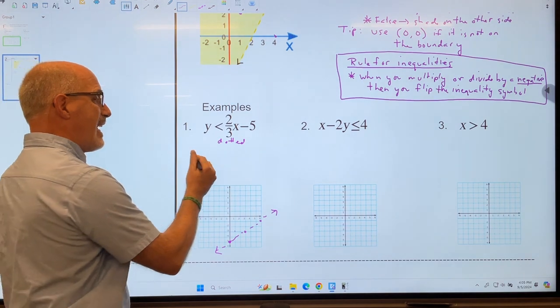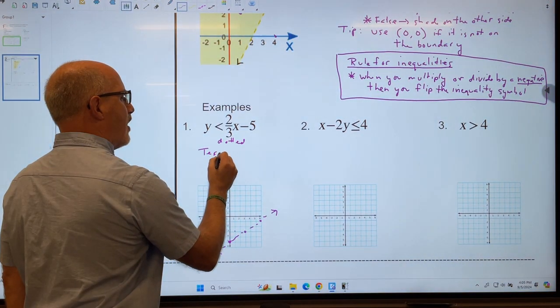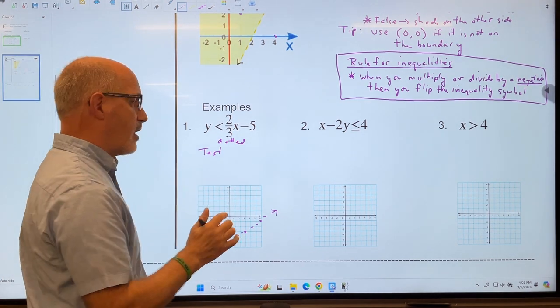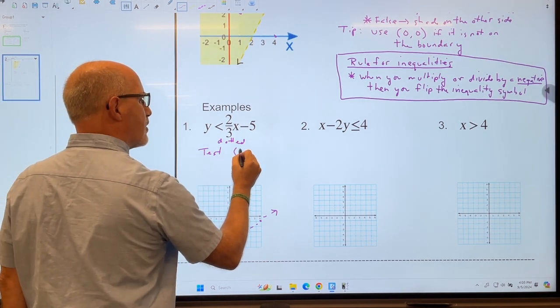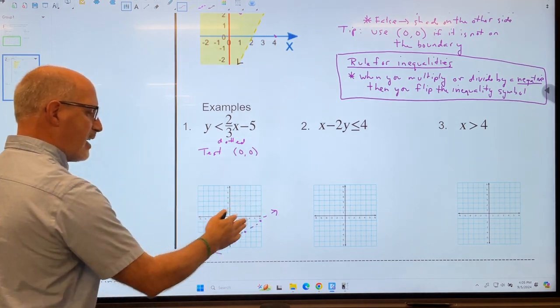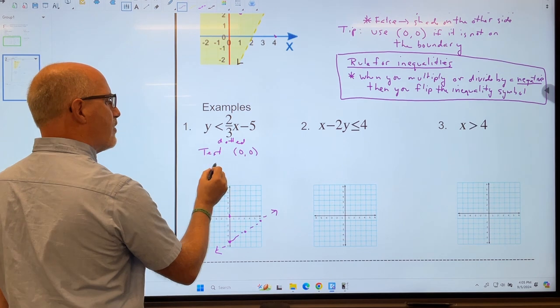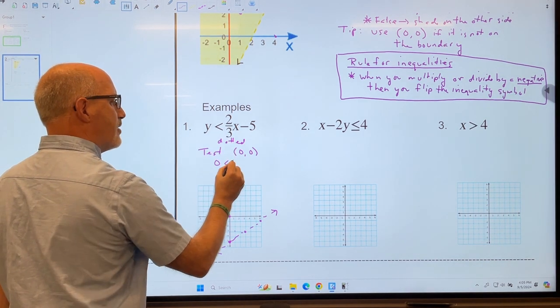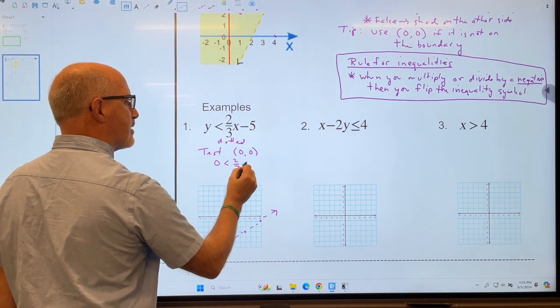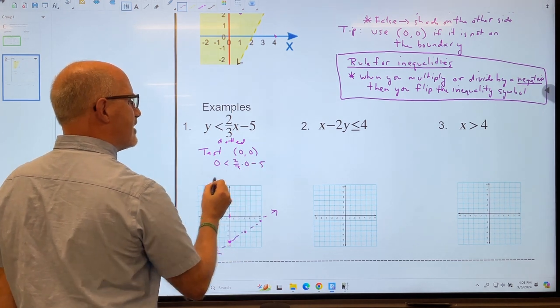Now we want to test a point to see if that point works or not. So I'm going to test 0, 0, because 0, 0 is clearly not on the boundary. So if we put in 0 for y and 0 for x, is this a true statement?